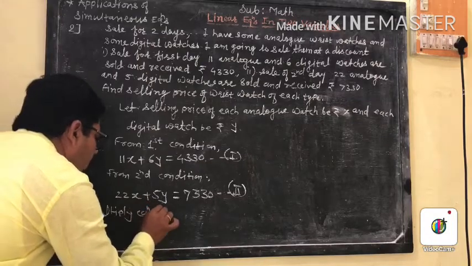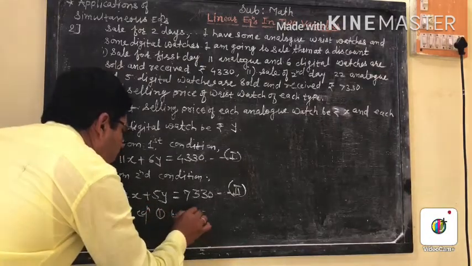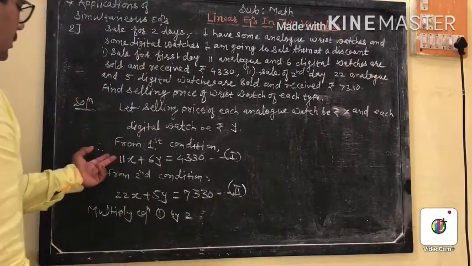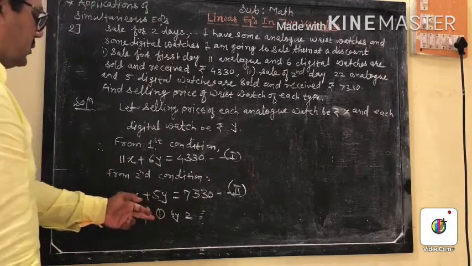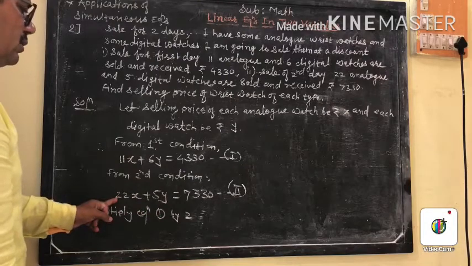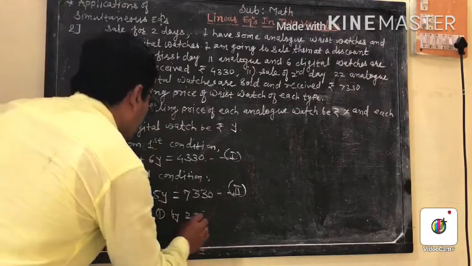multiplying equation 1 by 2, and here is the plus sign, here is also plus sign, and subtracting equation 3 from them.